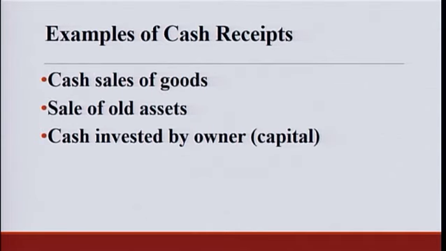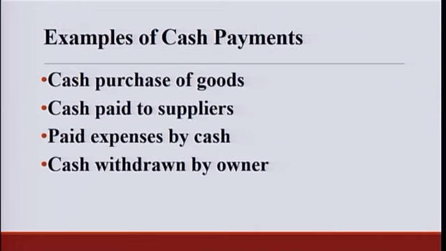Some examples of cash receipts are cash sales of goods, sale of old assets, and cash invested by the owner, that is, capital. Some examples of cash payments are cash purchase of goods, cash paid to suppliers, expenses paid by cash, and cash withdrawn by owner.